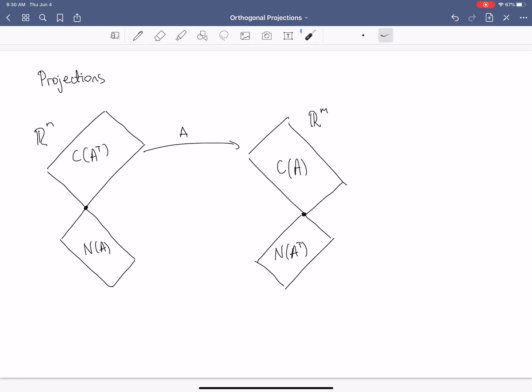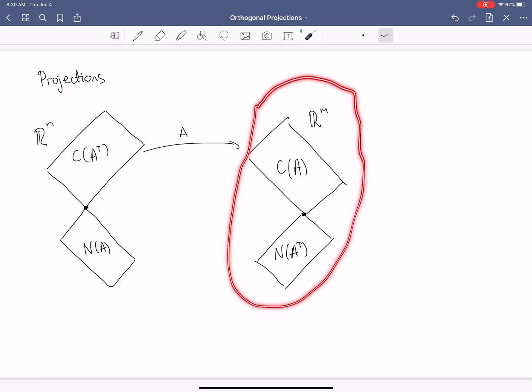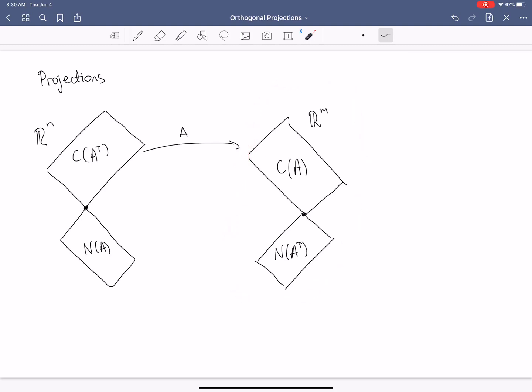Today we're going to actually talk a little bit more about these two subspaces, and I'll explain the context. But the idea is that these subspaces, so the row space and the null space, this pair, and the column space and the left null space, are orthogonal complements.